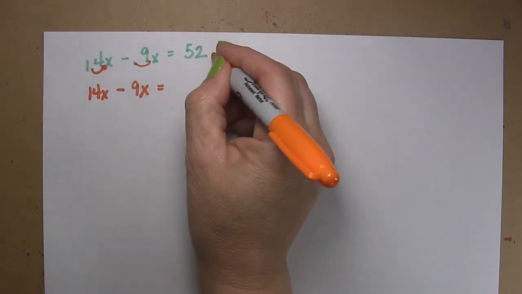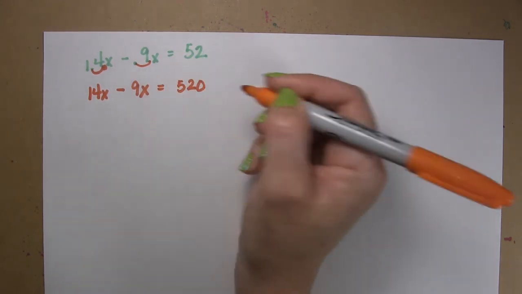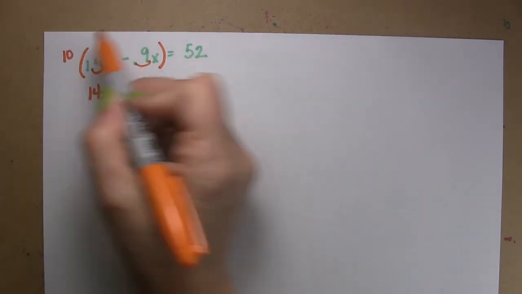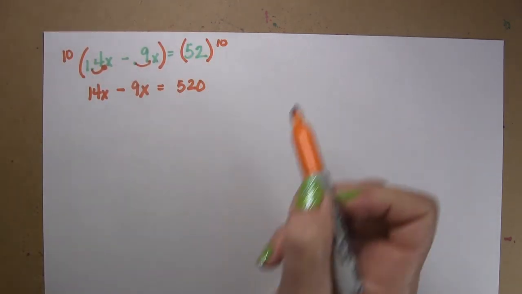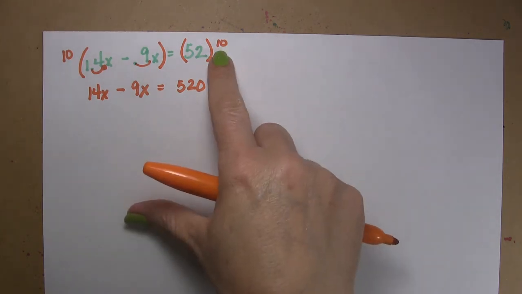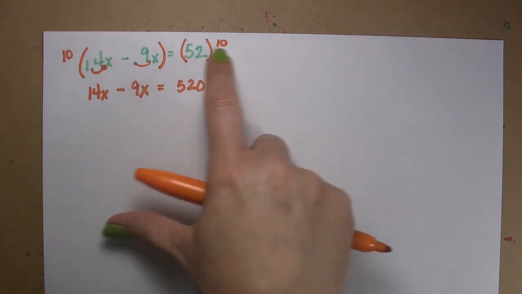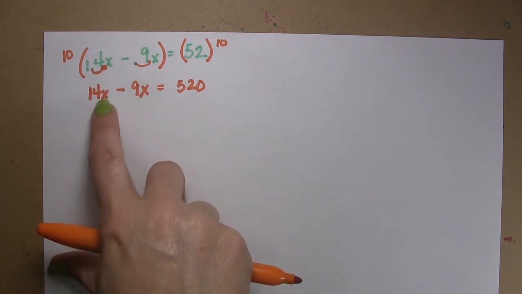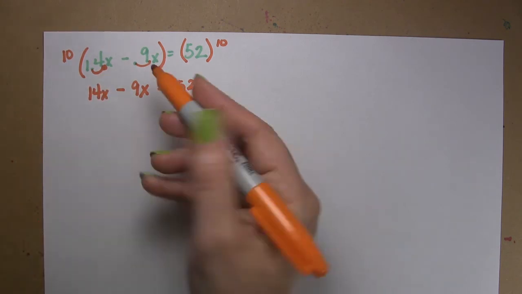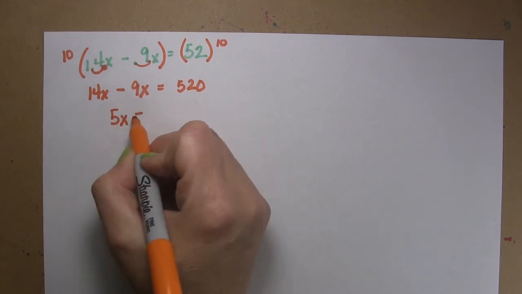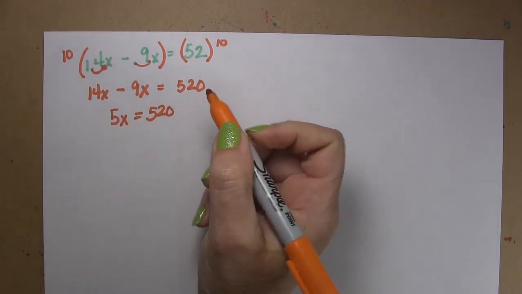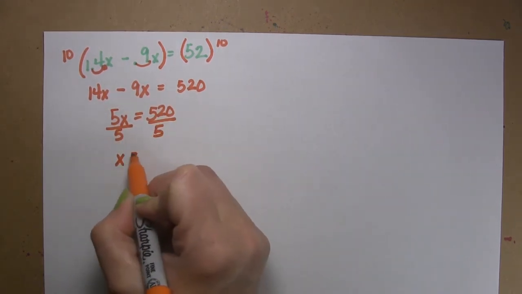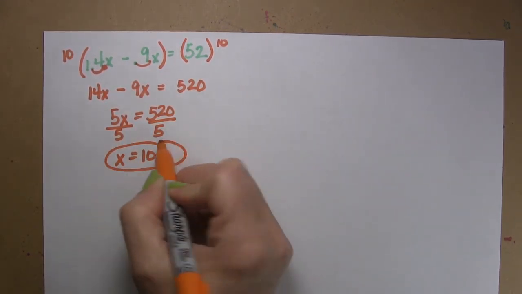And so we have to move 1 place over here, which will give us 520. What we just did is we multiplied both sides of the equation by 10. Why 10? Well, because it's got 1 zero, and we wanted to move our decimal point just 1 place. Does that make sense? Now we can do 14x minus 9x, get 5x equals 520. Divide both sides by 5, and we get x equals 104.